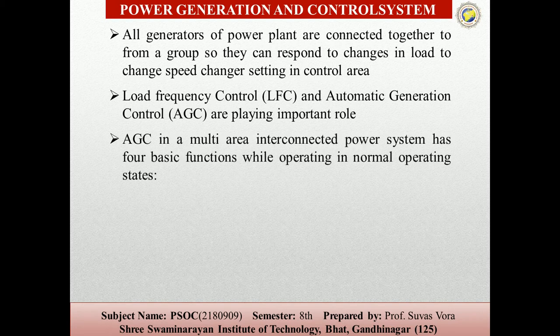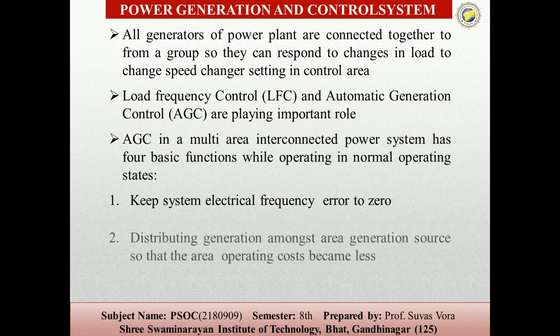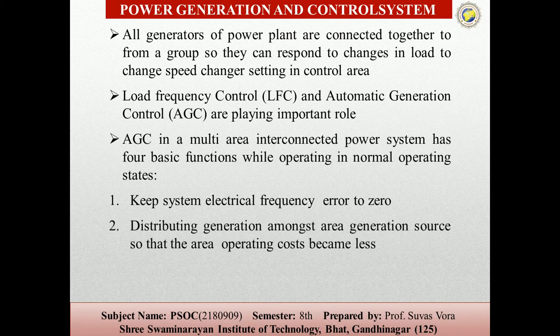So AGC in a multi-area interconnected power system has the 4 basic functions while operating the normal operation stage. The first one is keep the system of the electrical frequency error to 0. Consider the 0 systems error. So distributing generations amongst the area generation source so that the area operating cost becomes less, matching the total system generations to the total system load.